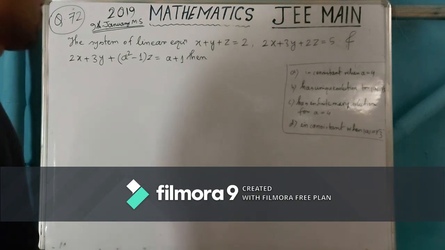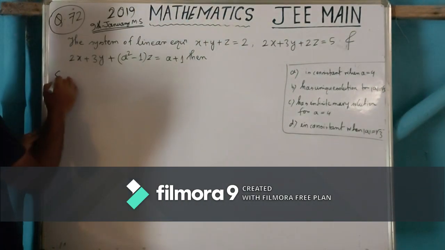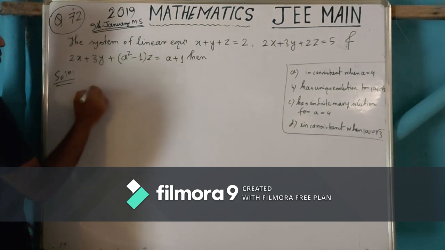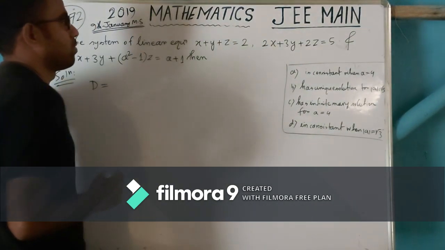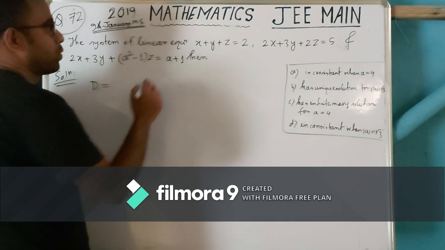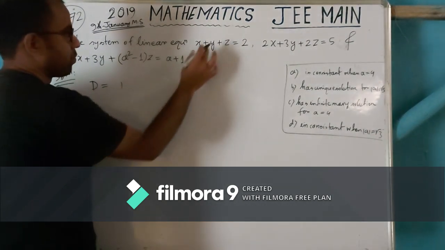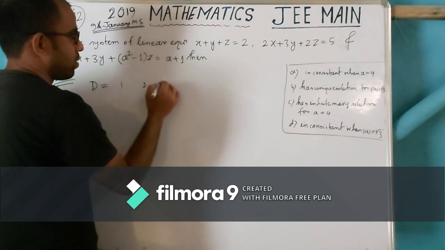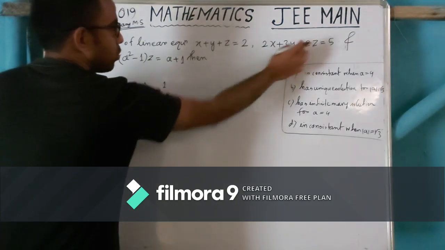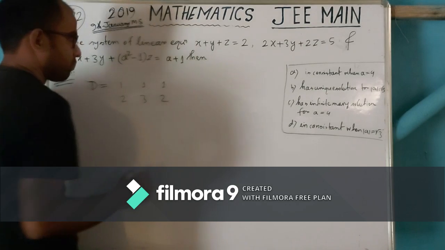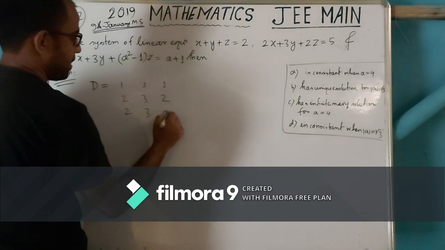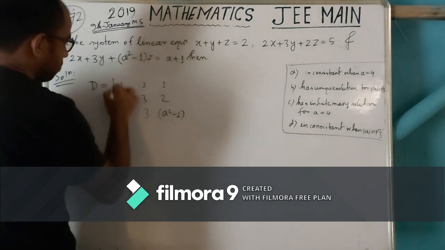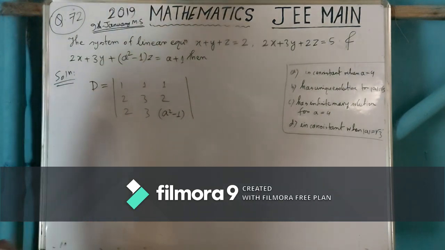Let D be the determinant of the coefficients: 1, 1, 1; 2, 3, 2; 2, 3, a squared minus 1. First we simplify, and next we calculate the determinant.